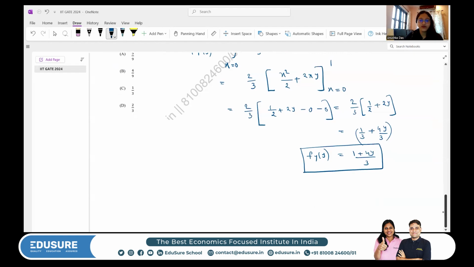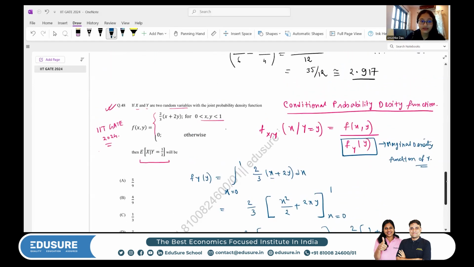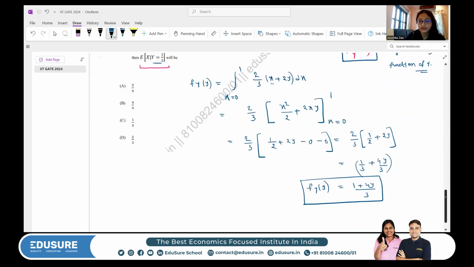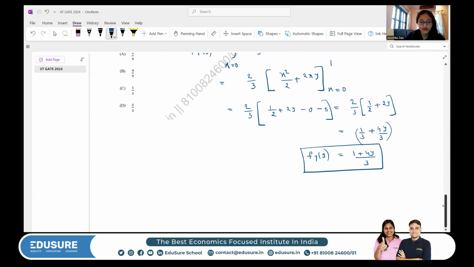Okay. Now what do you have to do? If you go back to the question once, see this expression. Here what you have is x given y is half, right? The value of y is given to you.